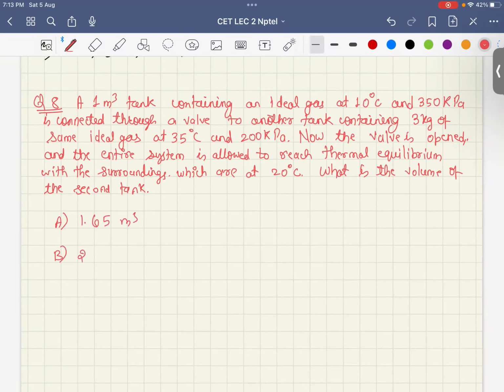Option B is 2.98 meter cube. Option C is 1.89 meter cube. And option D is none of the above. First try to solve the question, then I will explain. Again, I'll give a couple of minutes for you to solve.